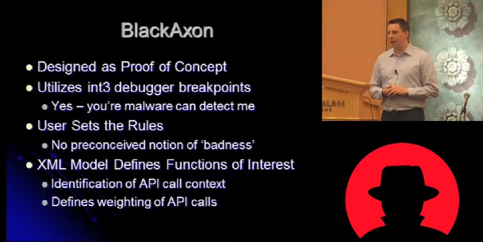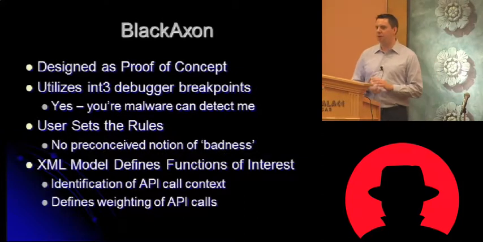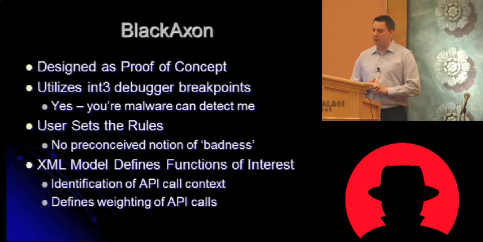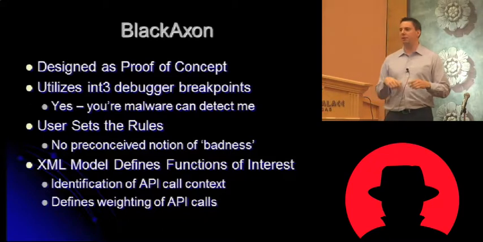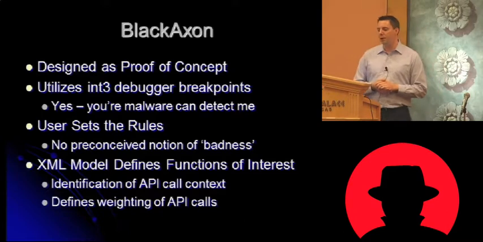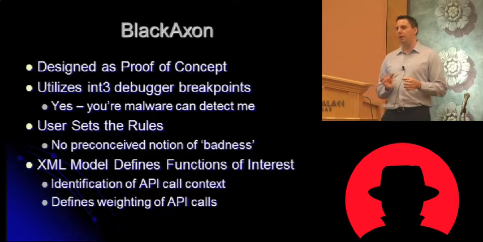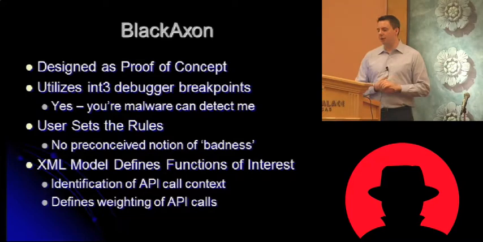So BlackAxon is a work-in-progress tool which I'm posting a link for at the end of the presentation and will be posted after the conference. It's been designed as a proof of concept just to demonstrate how some of these various components can be automated. It's basically an IDA plugin that's using debugger breakpoints and some static analysis to tell you various things about the binary.